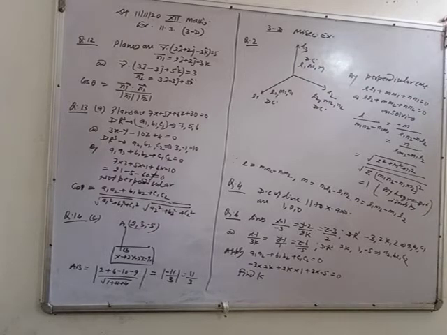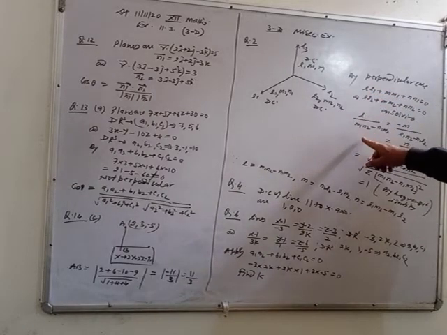Line L3 is perpendicular to L1, so apply the perpendicular condition between their DCs: l l1 + m m1 + n n1 = 0. Line L3 is perpendicular to L2, so between their DCs: l l2 + m m2 + n n2 = 0. Solve both relations by the cross multiplication method.